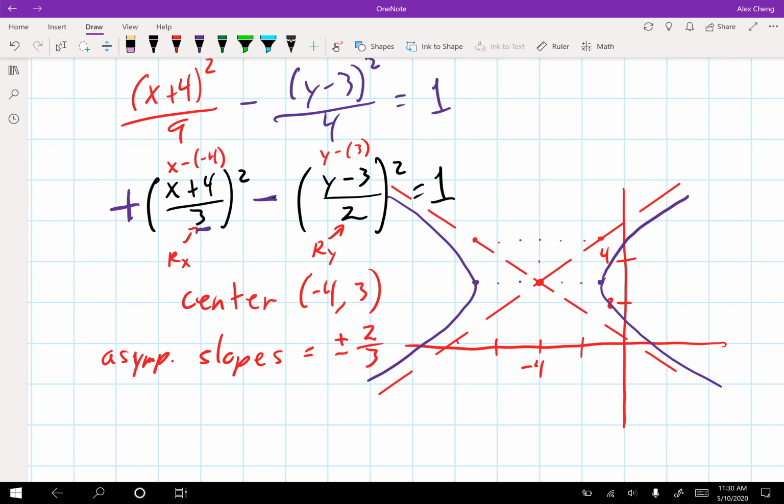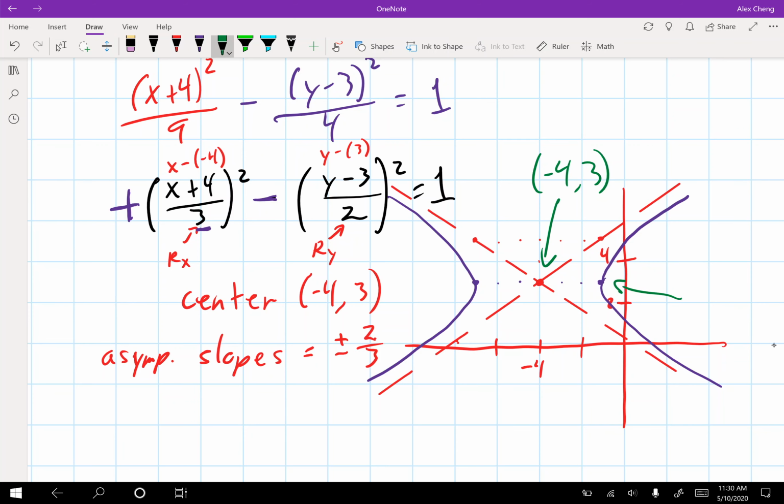So notice you couldn't do this on an ellipse, because if you plug in the xy coordinates of the center, you'll get 0 plus 0 equals some non-zero number. But here's what I mean. This coordinate right here is -4, 3.